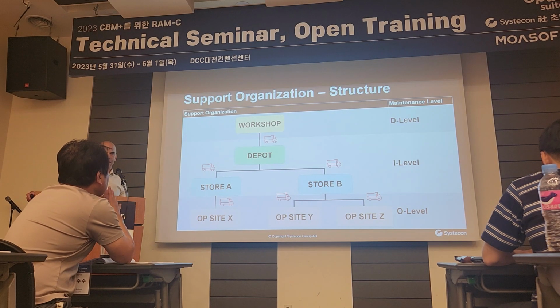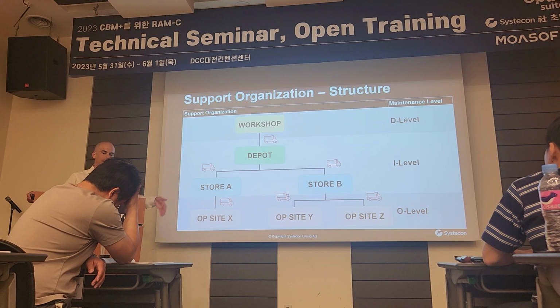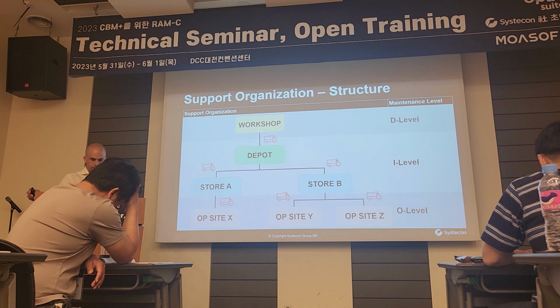In that way we can see what kind of tasks can be performed where. You can decide your own maintenance levels, how many you want. But just to illustrate: organizational level, intermediate level, and depot level.